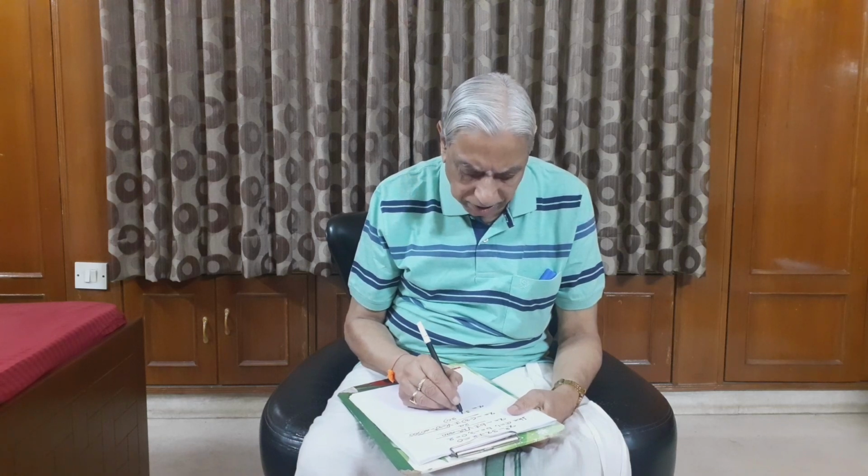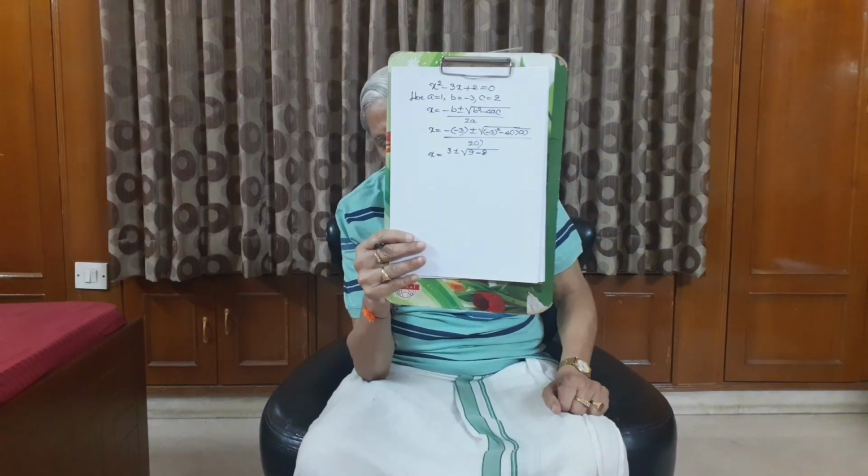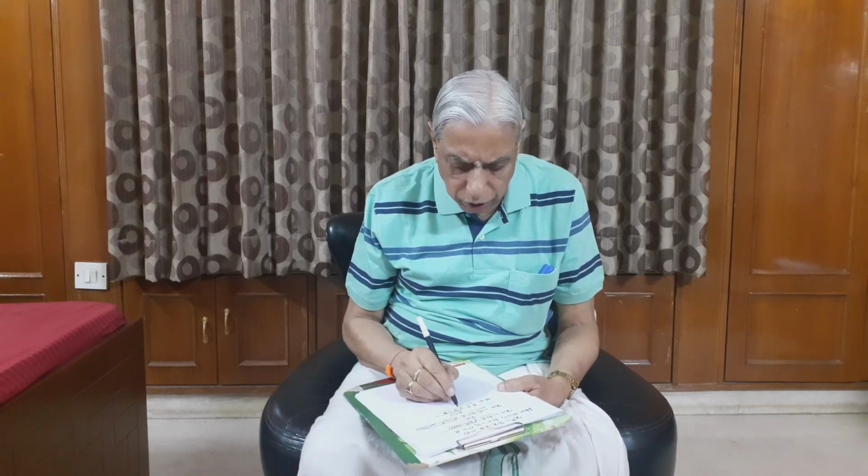That is plus 3 plus or minus square root of minus 3 the whole square, which is plus 9. Then minus 4 into 1 into 2, minus 8, because 4 into 1 into 2 is 8. Whole divided by 2A, means 2 into 1 is 2.